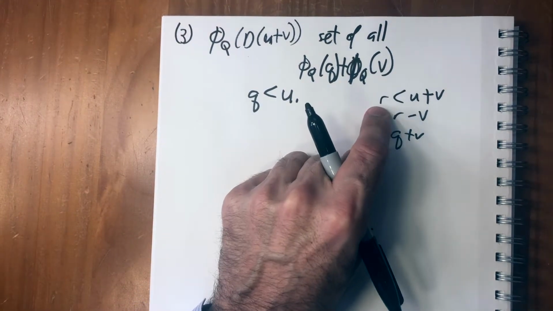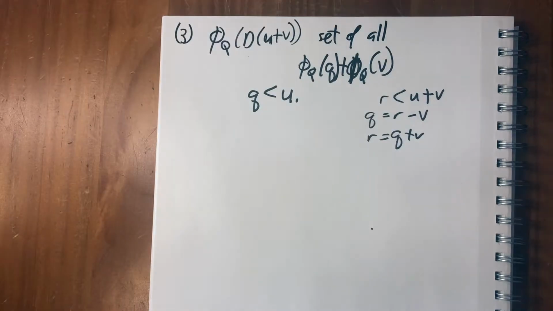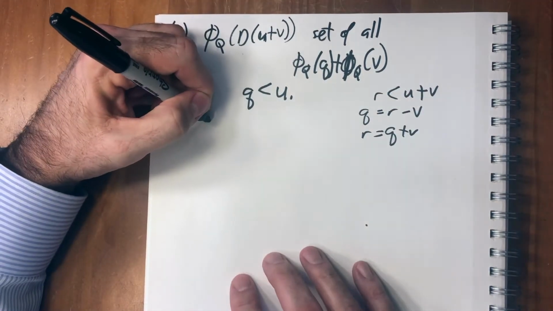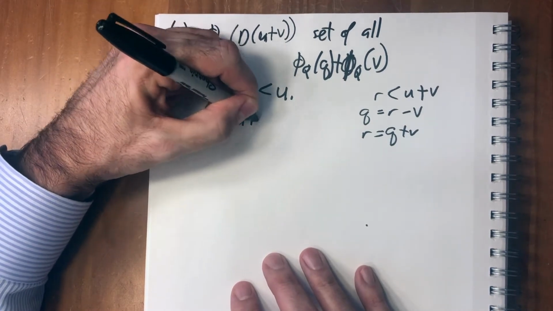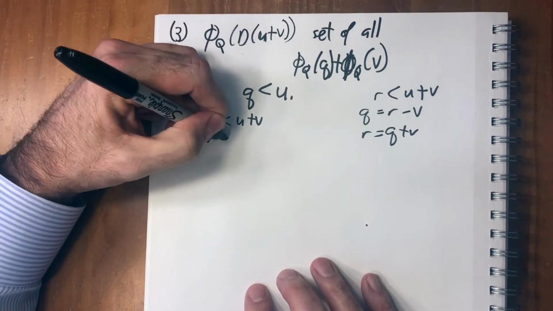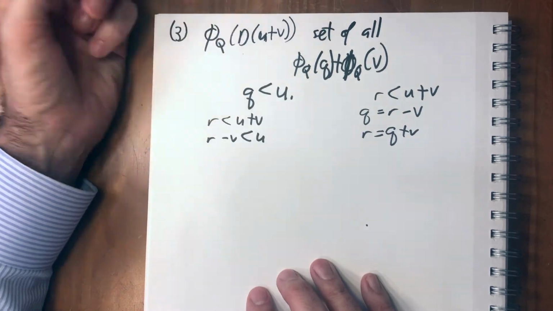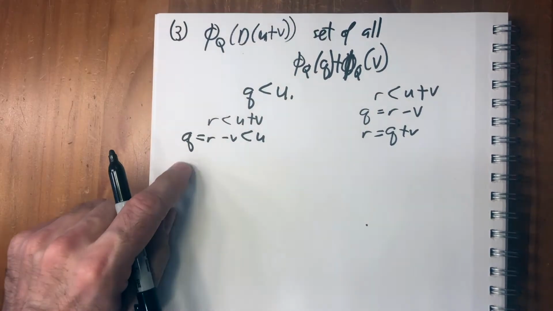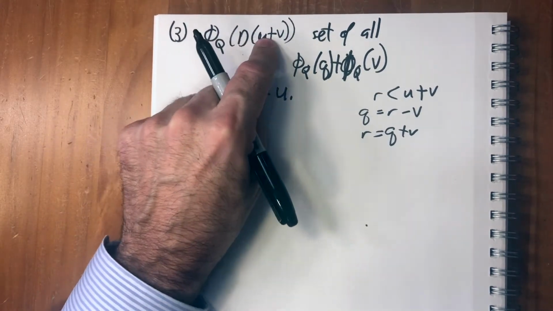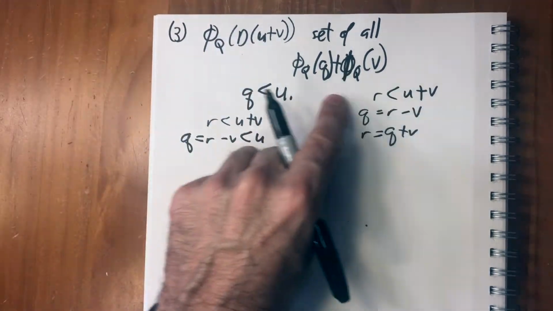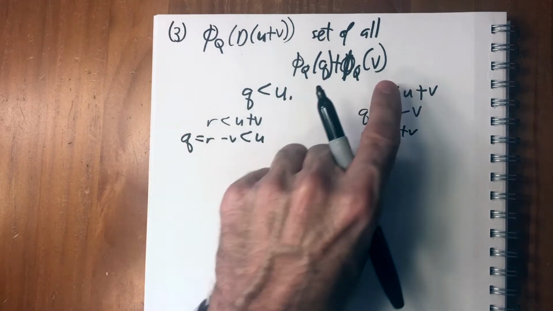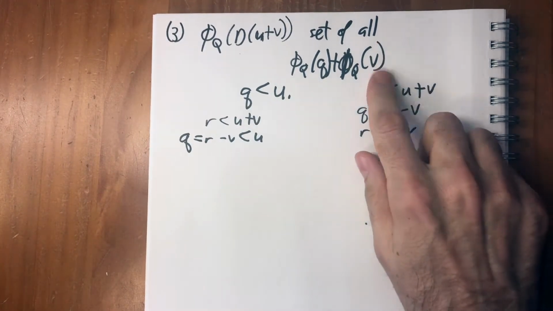Oh, and I don't think I quite said this. q is less than u because we have from here that if r is less than u plus v, then r minus v is less than u, and that equals q. We did do that before. So that's why q is less than u. So phi q of the Dedekind cut of u plus v is the set of all numbers that are expressible as phi q of q plus phi q of v, where q is less than u, because v is fixed.